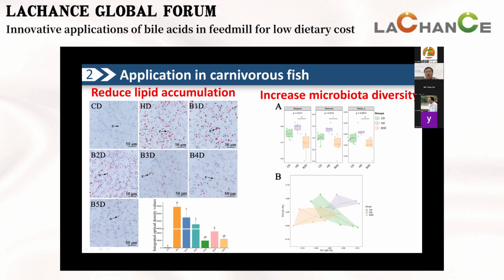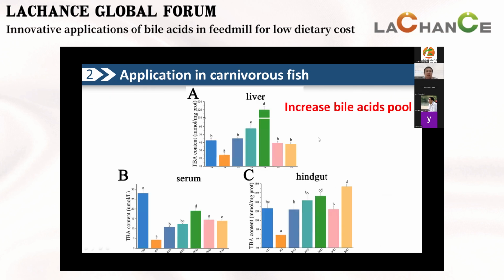We also detected the microbiota, and we can see that bile acids also affect the diversity of the microbiota. And here is the bile acid content in the liver, in the cerebrum, and in the intestine.